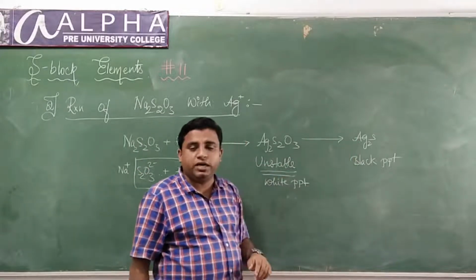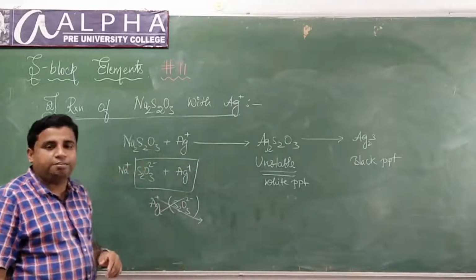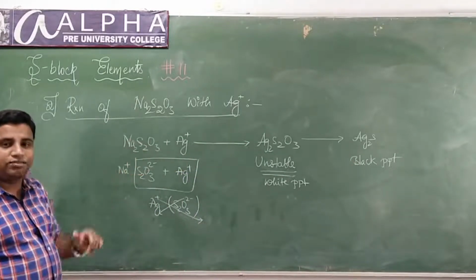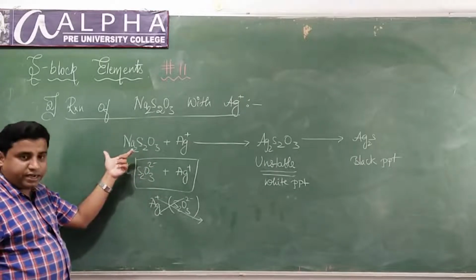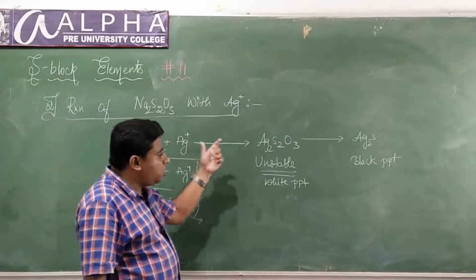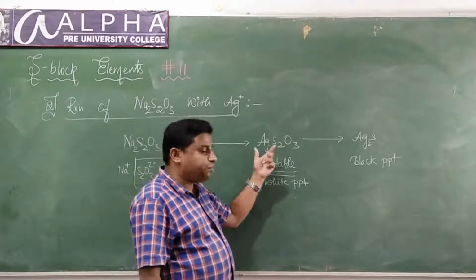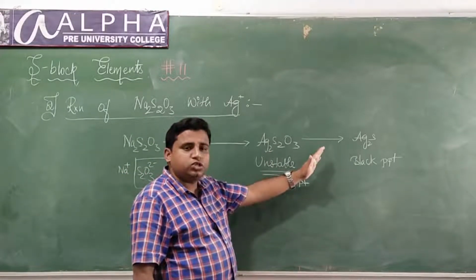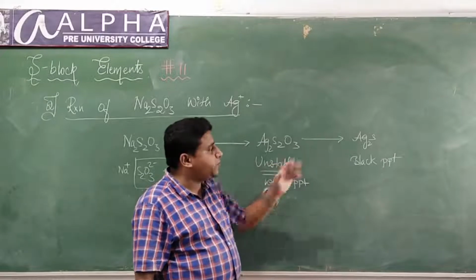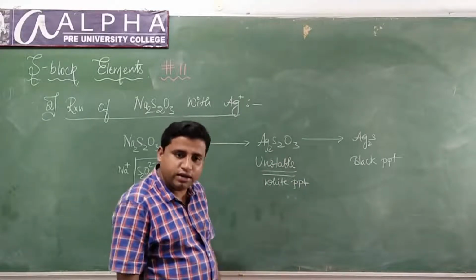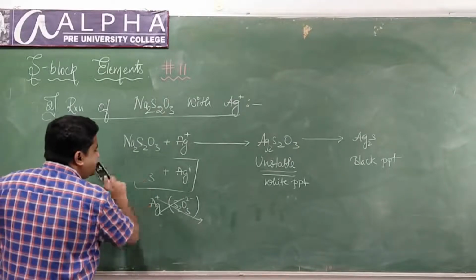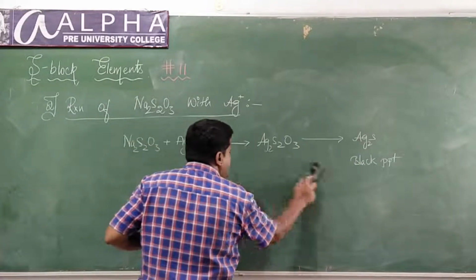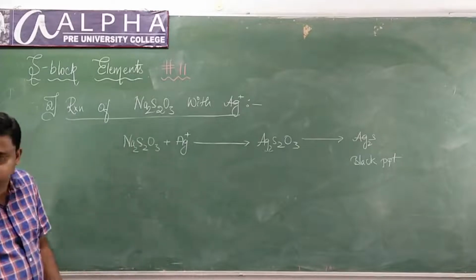A black precipitate of silver sulfide is formed. Is that simple? Therefore, sodium thiosulfate will react with silver ion to form an unstable white precipitate which further decomposes to give a black precipitate of silver sulfide. Understood?